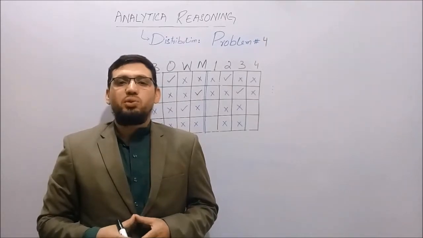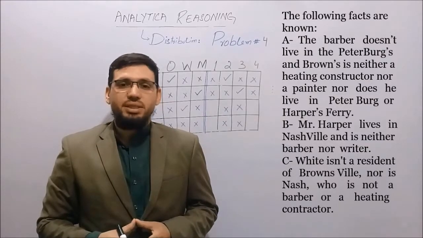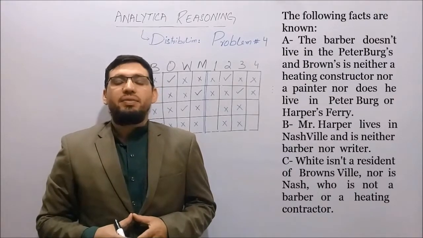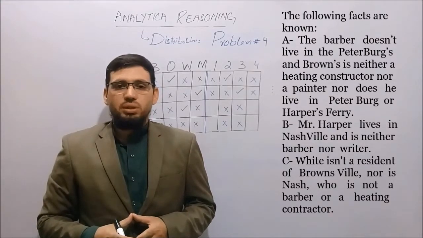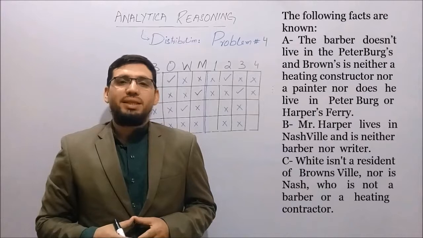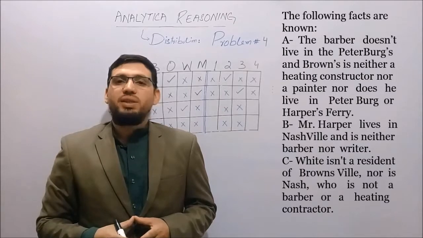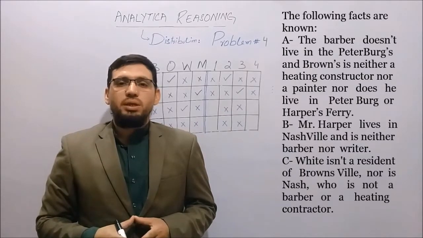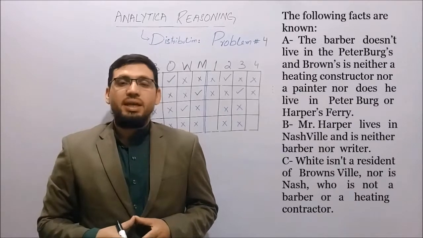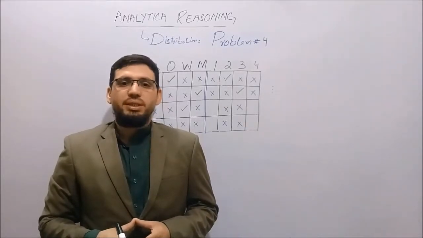Right now you have to arrange this data according to the given information or the restrictions about this arrangement, and you have to keep in mind that each and every individual could not have an occupation starting with the initial of that person's name, and that person could not appear in a city with the same initial. Moreover, their occupation and city's initial will be different as well. This is the key point of this arrangement, and I hope you will solve it easily.